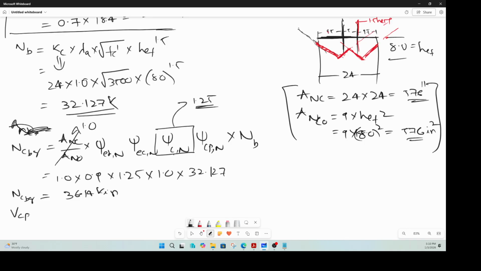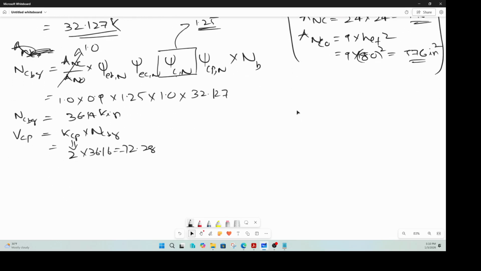But what we are worried about is pryout of concrete. That is Kcp times Ncbg. And Kcp, because our embedment depth is greater than 2.5 inches, the Kcp value was 2. 2 times 36.16, 72.28 kips. Okay. So 72.28 kips, that is the nominal.